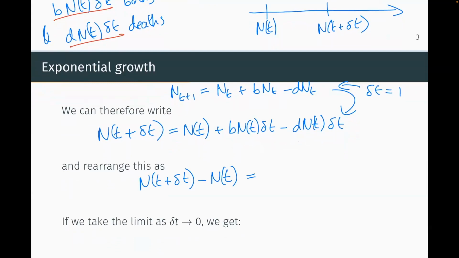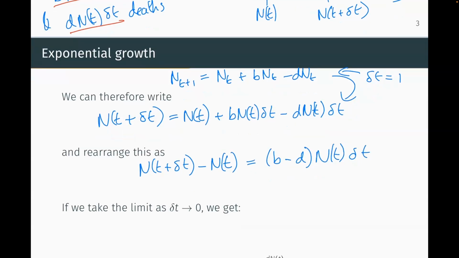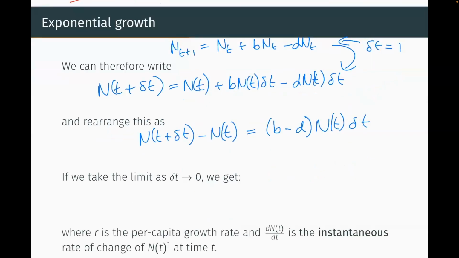So this means I can write this as (b minus d) times N(t) times delta t. Okay, that's just doing a little bit of algebra to rearrange that. And then the last thing I'm going to do is divide both sides by this delta t. So if I divide both sides by delta t, it goes away from here and arrives down there.